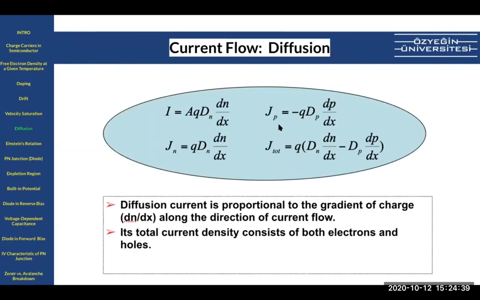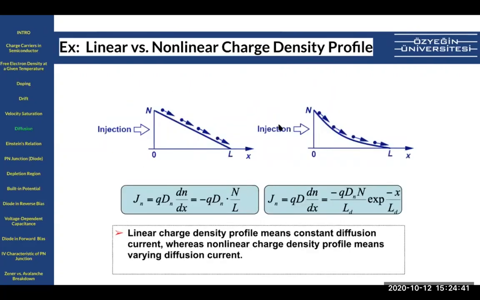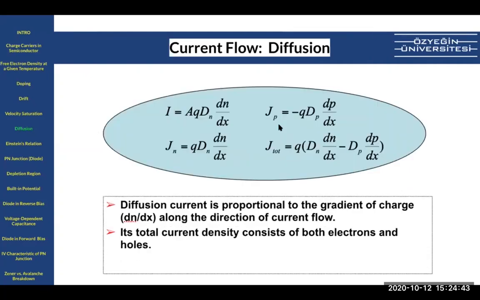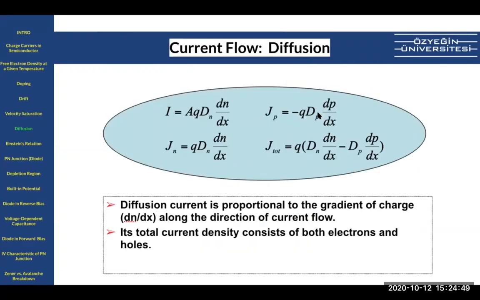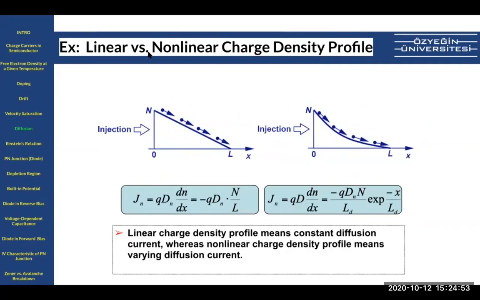So you can probably wonder what D is, what these terms are. There are certain constants which you'll learn in the Einstein relation, which is coming soon. And when we look at the linear and nonlinear charge density profiles, it doesn't have to be linear like that, right? Depending on the injection type, it can take a linear curve or an exponential curve.